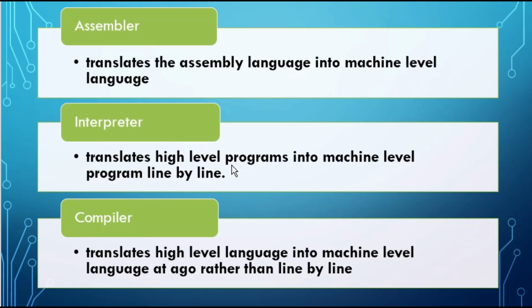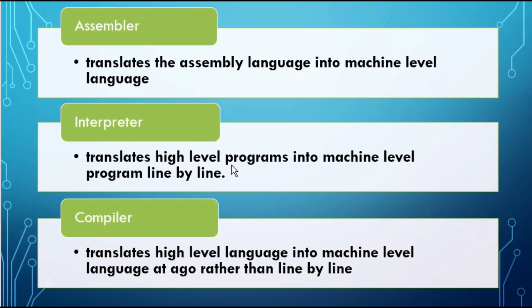And there are three types of language interpreters or processors. We have the assembler. The assembler translates the assembly language into machine level language. We have the interpreter, which translates high-level programs into machine-level programs, but line by line. Then we have the compiler.